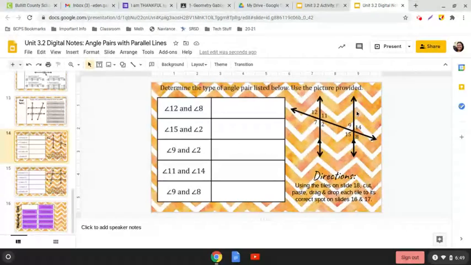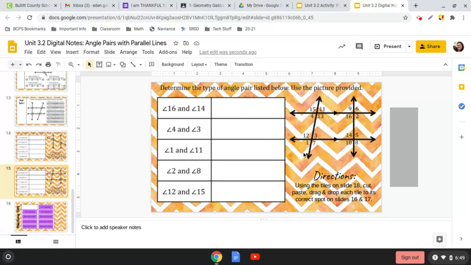So on slide 14, we have two vertical parallel lines. So here's our parallel line, and this is our parallel line with one transversal. So it's created two clusters of angles.